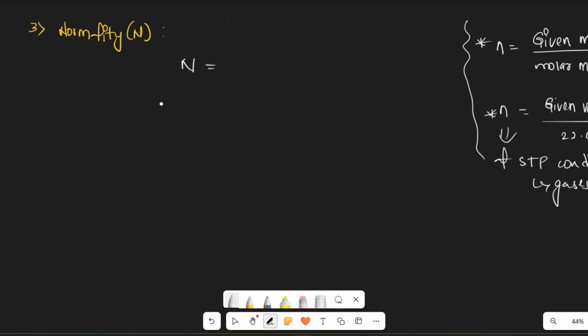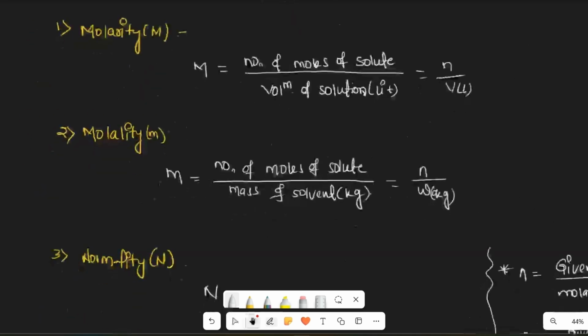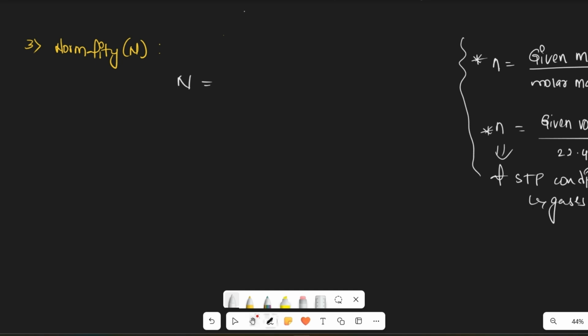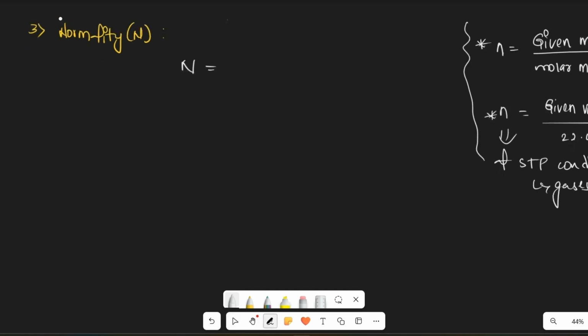So why I have told you these formulas is because in all these terms we are getting the number of moles of solute, right? So in order to find that, you can use these two formulas. Now let's discuss normality.